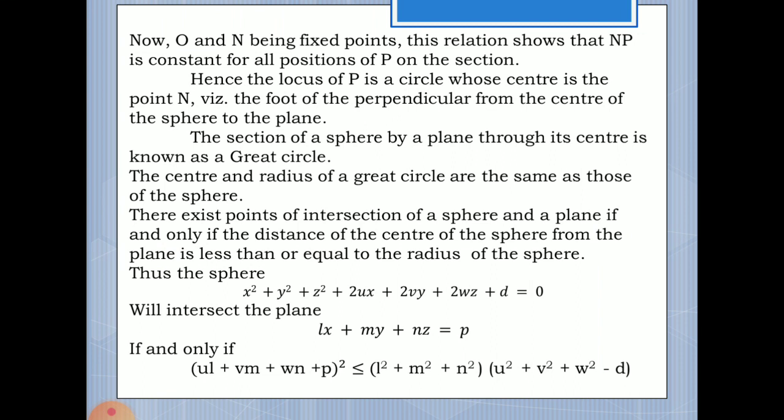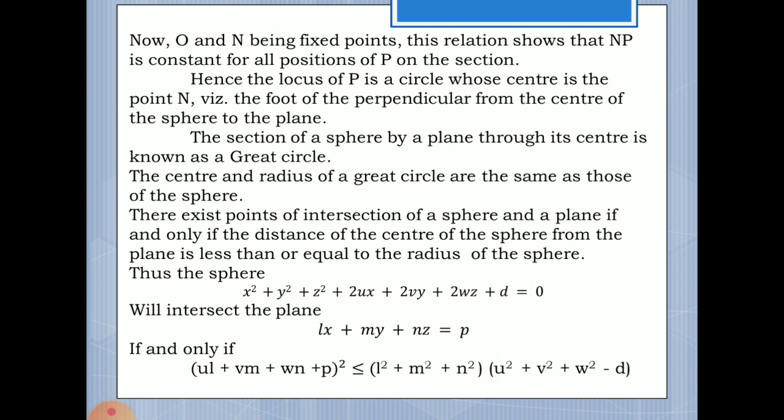Second thing is, the plane section of the sphere is always a circle. There may be a question, plane section of the sphere is dash dash dash. You have to choose the correct alternative as a circle.